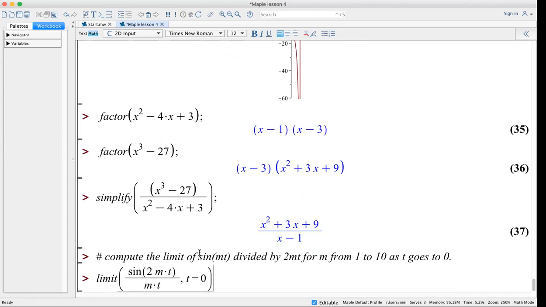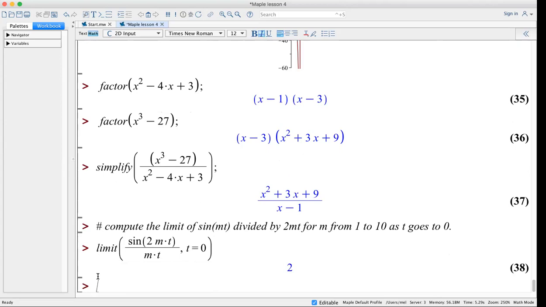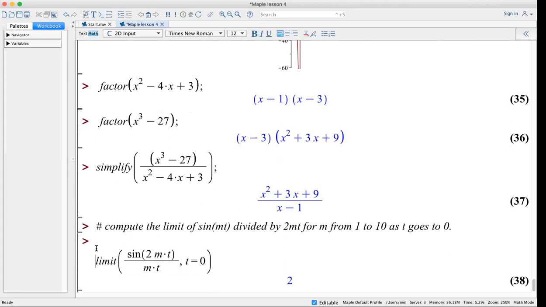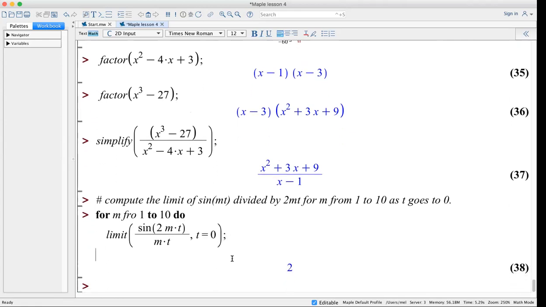But I want to do it 10 times, and I don't want to have to write 10 different equations down. So let me do Shift Enter and make this a loop for m from 1 to 10 do. And what I want to do is then end do. And I misspelled from, so I need to make this spelled correctly.